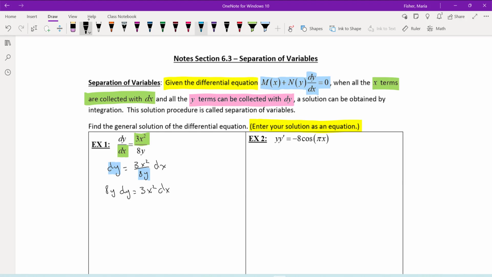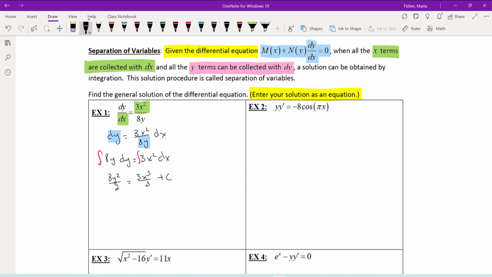Now that I've separated my variables, I integrate both sides. The integral of 8y dy is going to be 8y squared over 2, and that's going to equal the integral of 3x squared dx, which is 3x cubed over 3 plus c. Cleaning this up, we end up with 4y squared equals x cubed plus c.